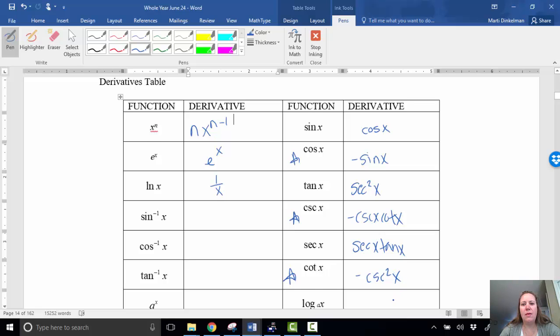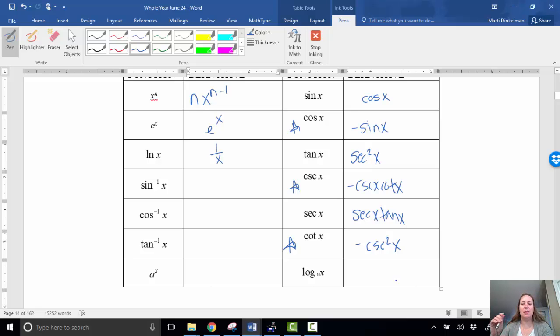Okay. And then if we go to the trig inverses, we're going to see these occur a little bit more in BC than you might have in AB. I know that we didn't get to take that exact AP test, but they do occur quite a bit more, especially tan inverse. So just a quick reminder that the derivative of sine inverse is 1 over the square root of 1 minus x squared.